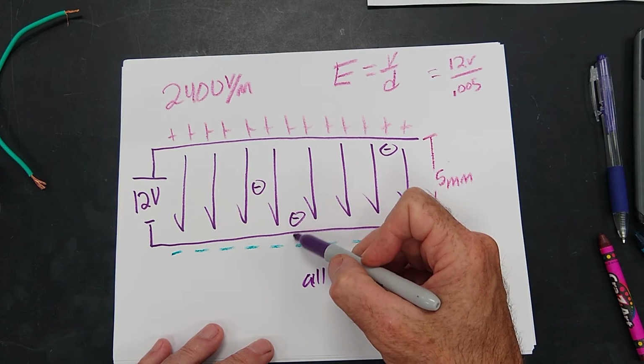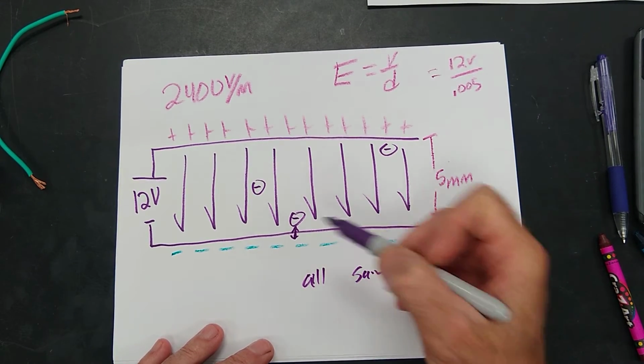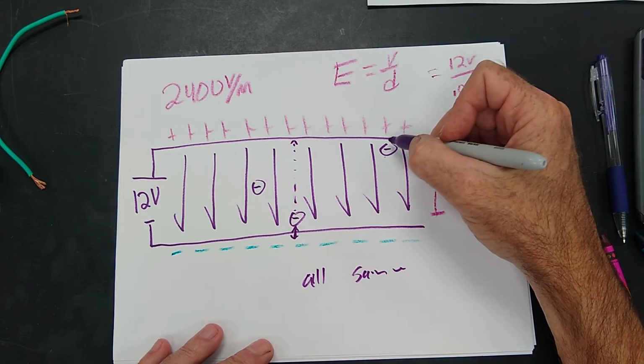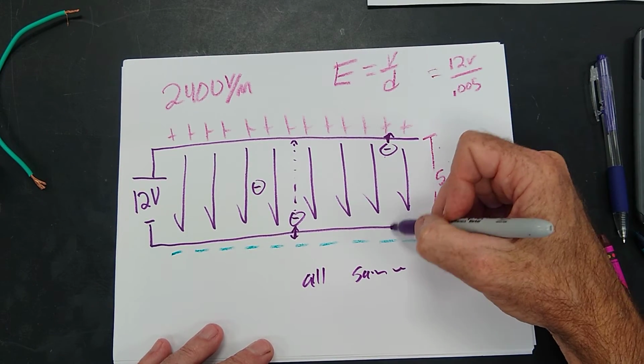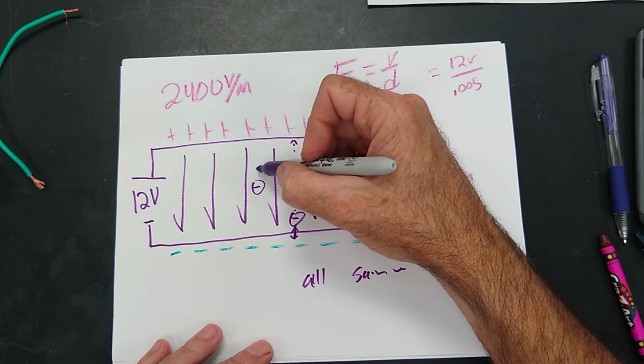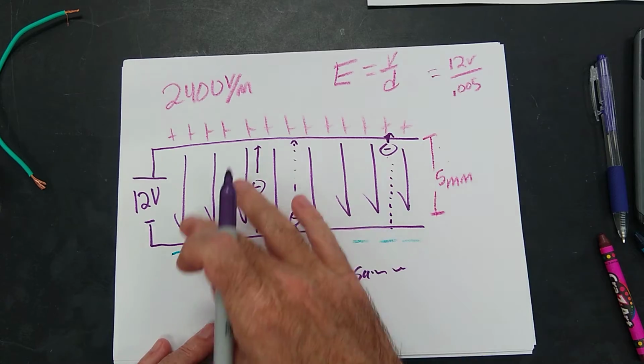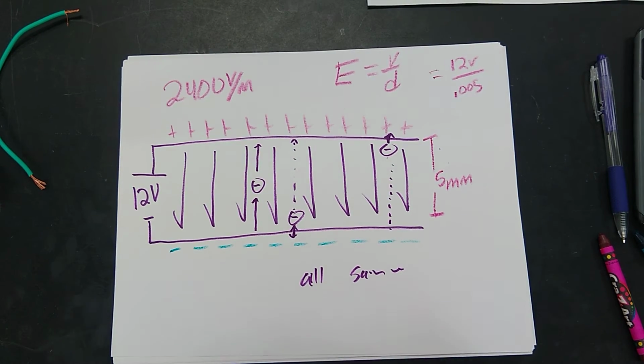This guy's being pushed really hard because like charges repel, but he's barely being attracted. Well, this guy's being pulled really hard while barely being repelled. And this guy's got a pretty even amount of repulsion, but they all add up to the same thing. All right?